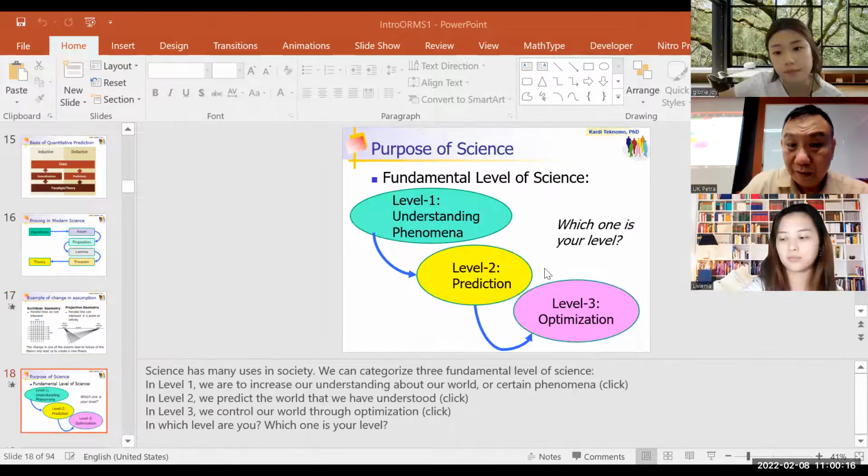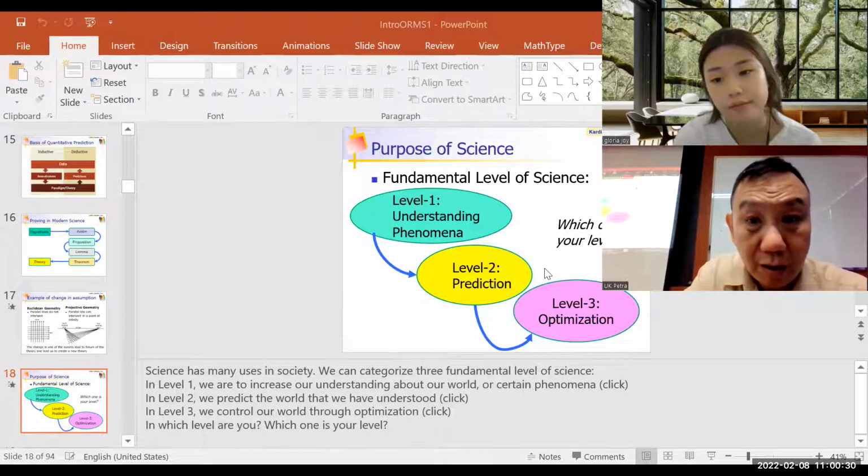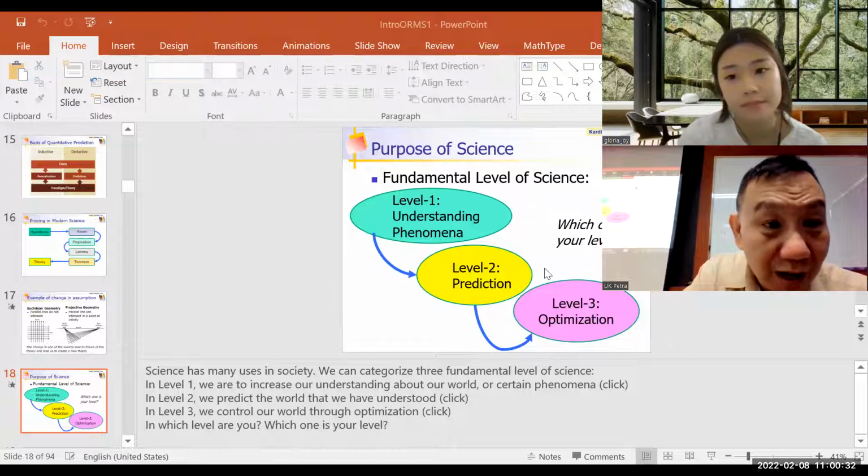Now, in science, we have three levels. Three levels of science. I call these level 1, level 2, and level 3. My question is, which level are you?